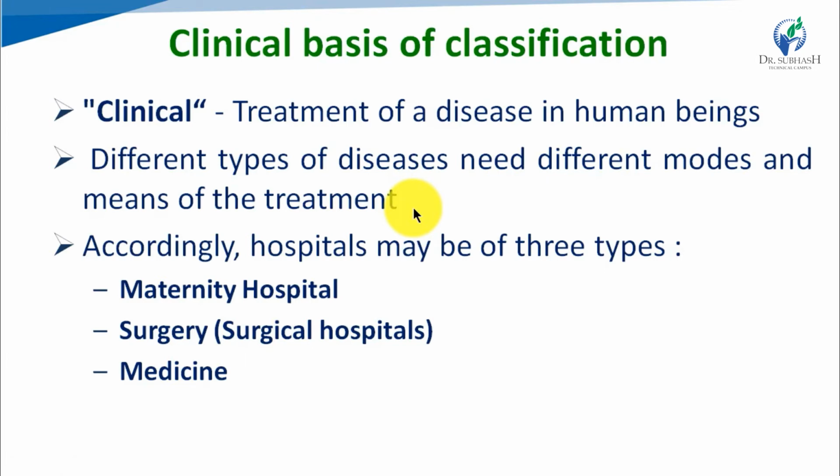Accordingly, hospitals are divided into three different types on the clinical basis. The first is the maternity hospital, another is the surgical hospital, and the third is medicine.